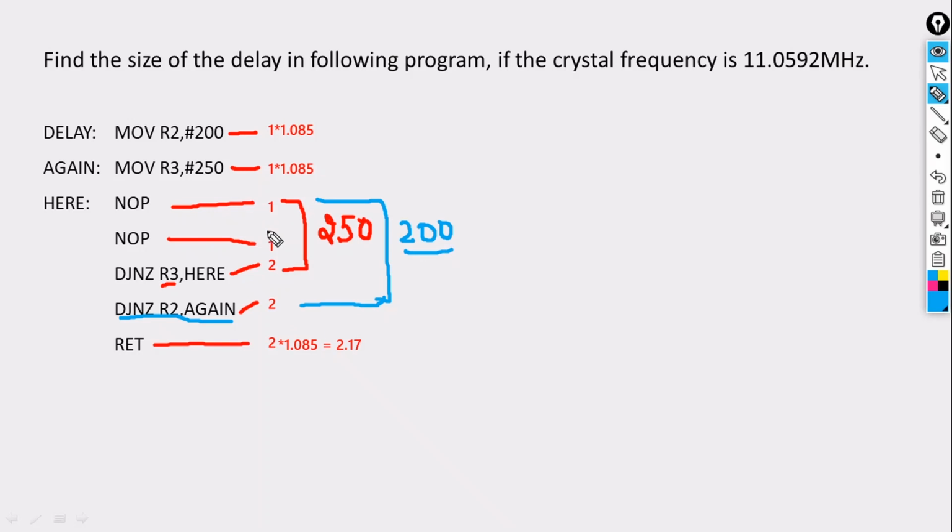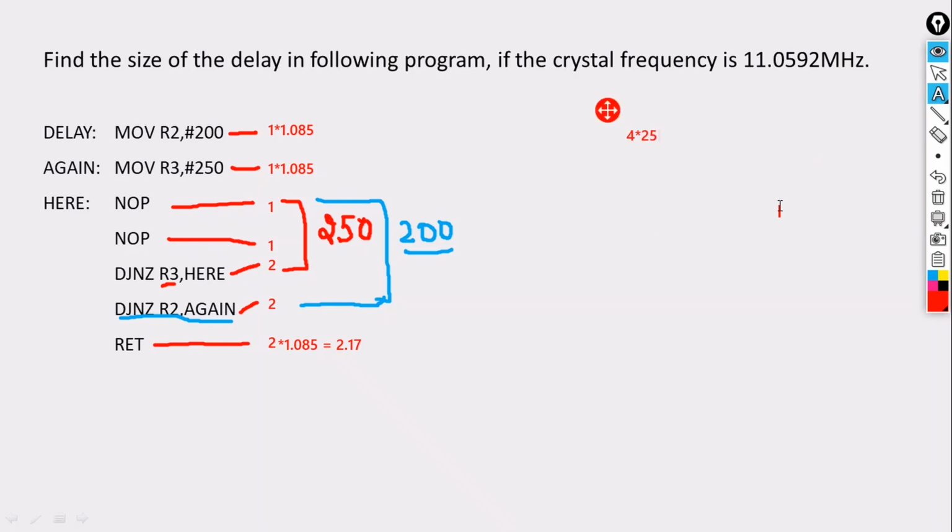So how many total machine cycles are required here? Let me take it in terms of red color. For this particular operation, the NOPs are 1 plus 1, so it is 2, and 2 plus 2 makes 4.